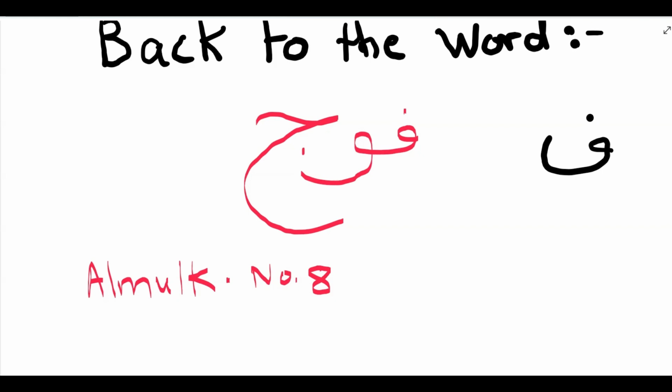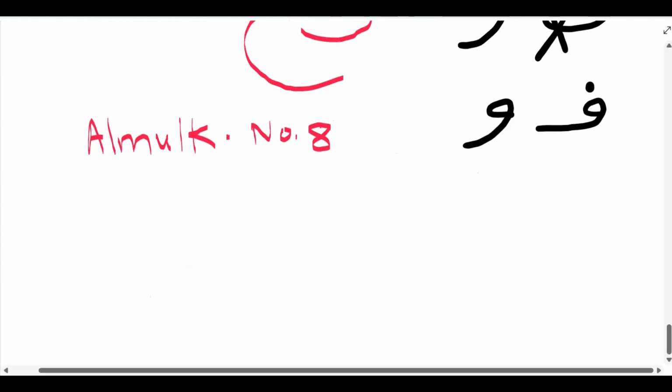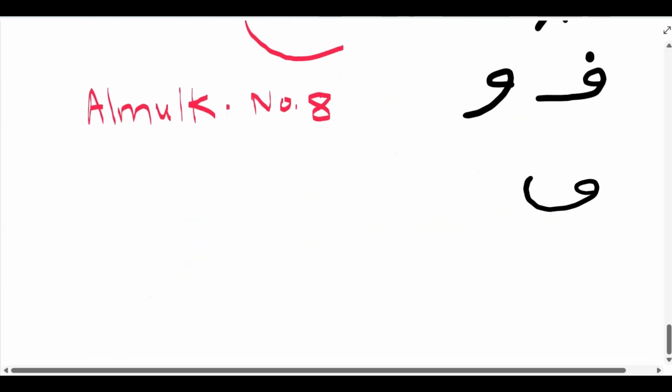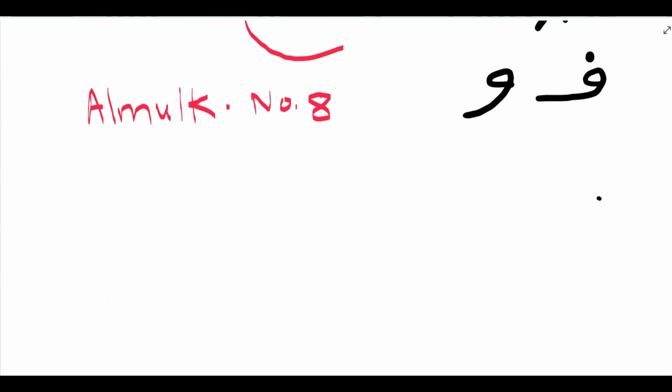So if you want to connect fa and waw together, you just cut this part like this, and then you just connect them like this. Here we go.